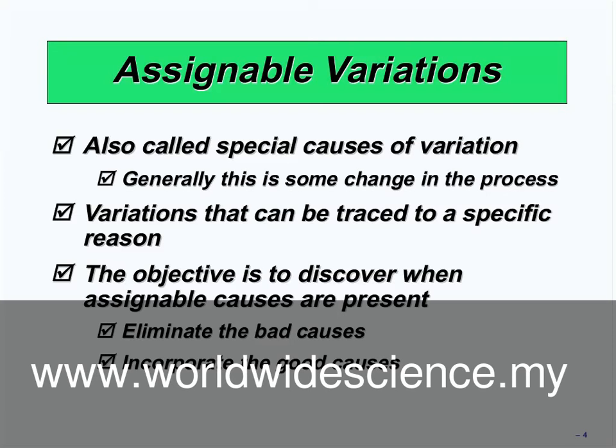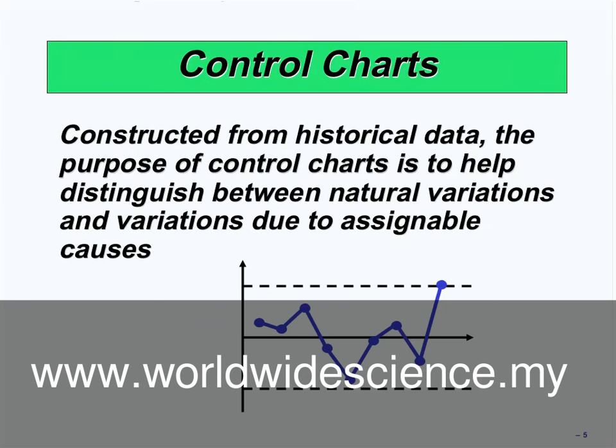The objective is to discover when assignable causes are present, eliminate the bad causes, and incorporate the good causes. This is important for every operation manager: eliminate the bad causes, and after eliminating them, they can continue the production.